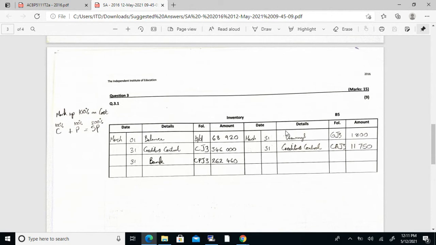Question 3, they said use the relevant totals from those given above to complete the posting of the journals to the following general ledger accounts at the end of March 2016. You need not balance the accounts at the end of the month.